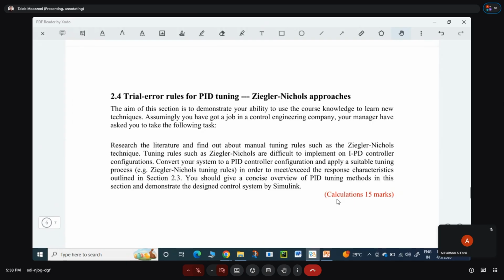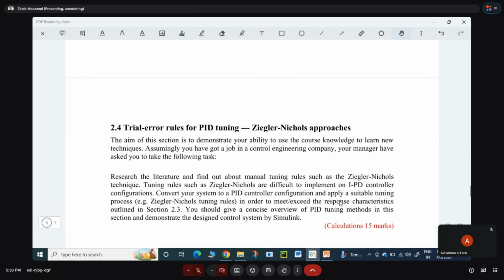For marking, I can consider it for your calculation as part of that 50%, or I can consider it for the discussion, depending on the quality of your writing. So this is like an extra 15 marks. This part is a research part, just research, not MATLAB, no need to use any formula or equation. Just explanation.